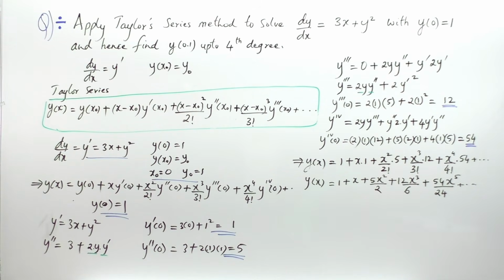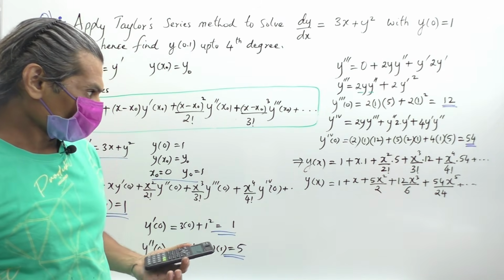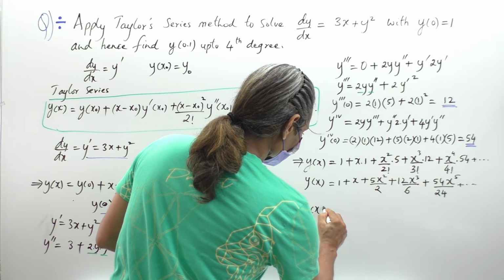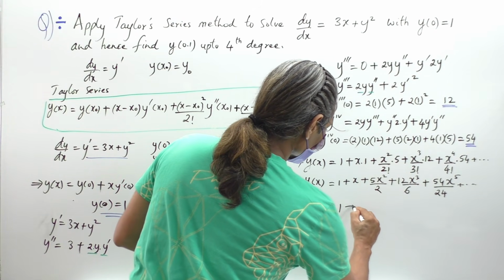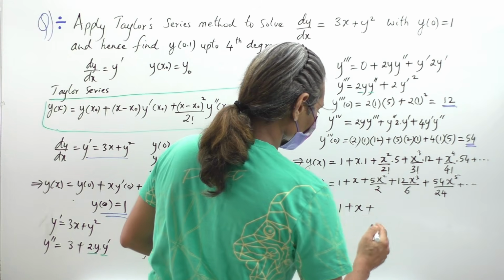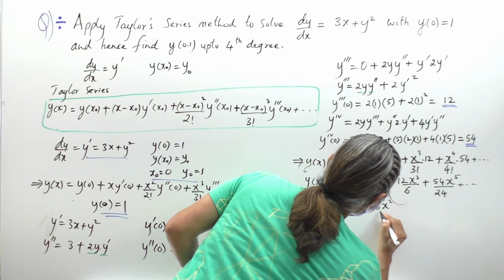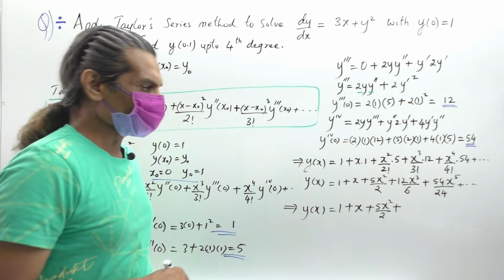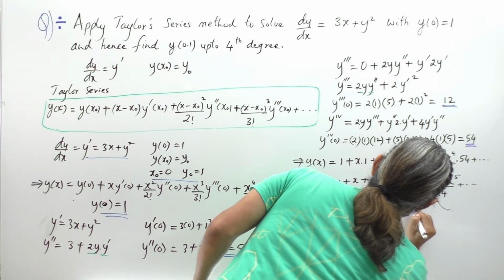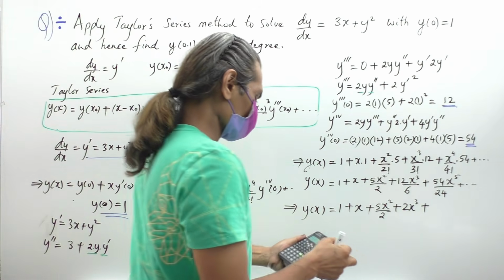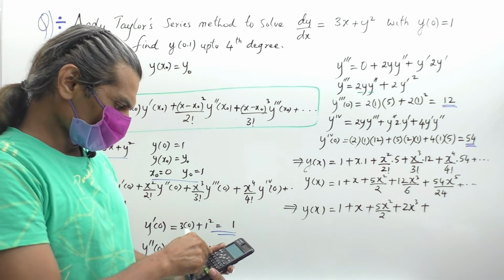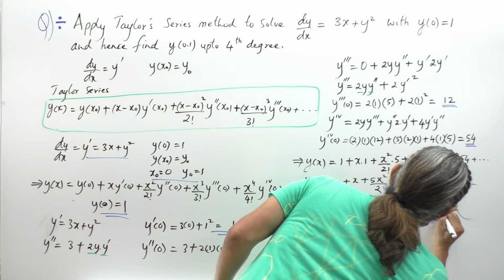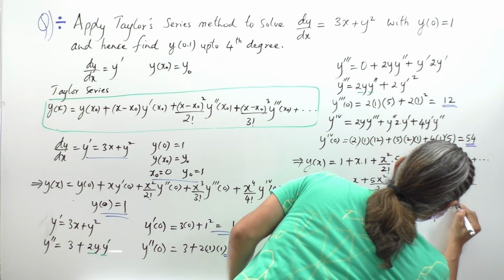So here, y of x equals 1 plus x plus, as it is, 5x square over 2, plus 12x cube by 6, which is 2x cube, plus now 54 by 24. 54 divided by 24 equals 9 by 4, so 9 by 4 x raised to 5.